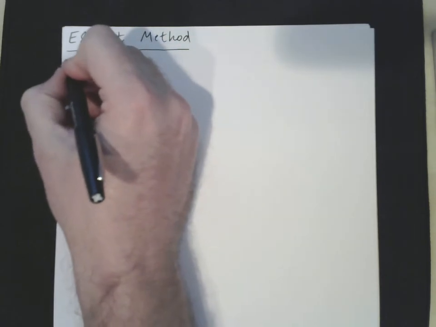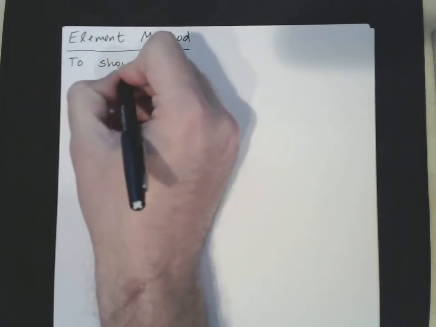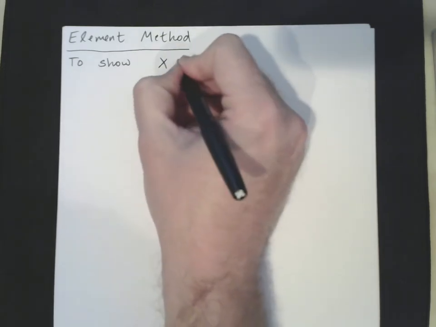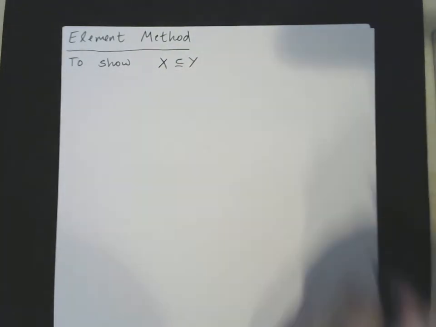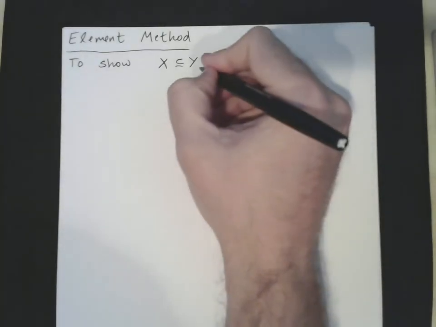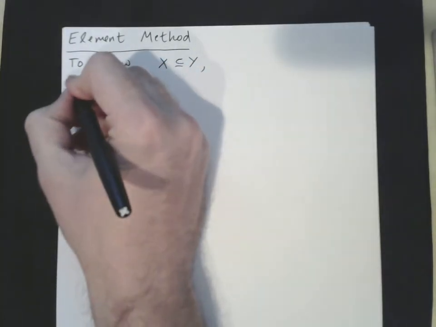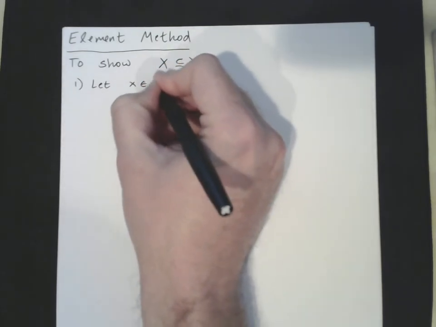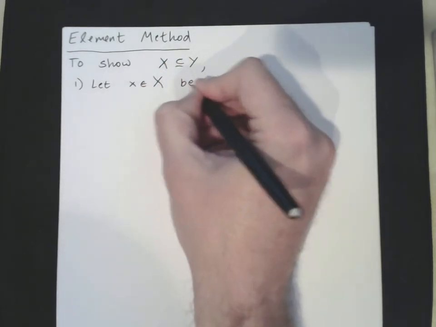So to show X is a subset of Y, an improper subset, 1, we let little x be an element of capital X, be arbitrary.